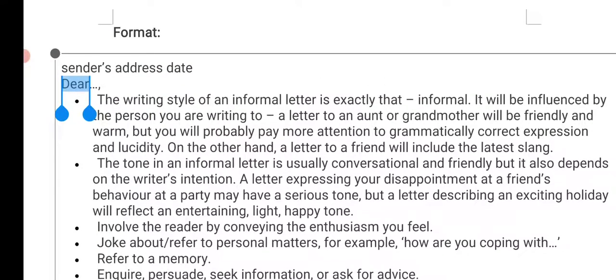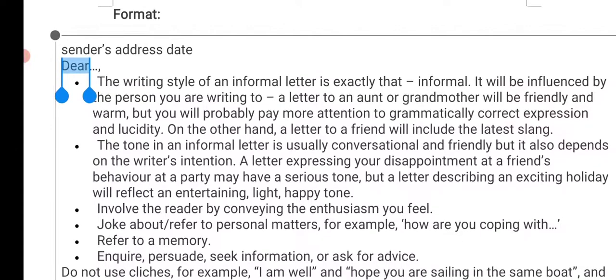Let me just explain the writing style in a nutshell, right? If you're writing a letter to your aunt or a grandmother, you will always be friendly, right? Warm. And it doesn't matter whether the letter is formal or informal, it has to be grammatically correct.